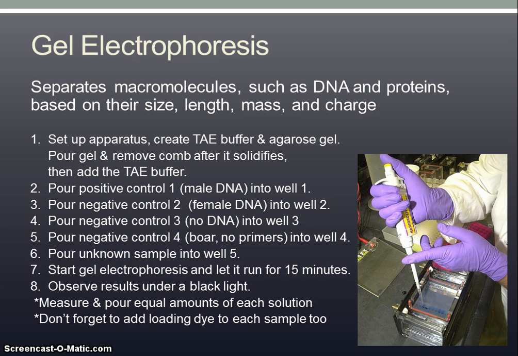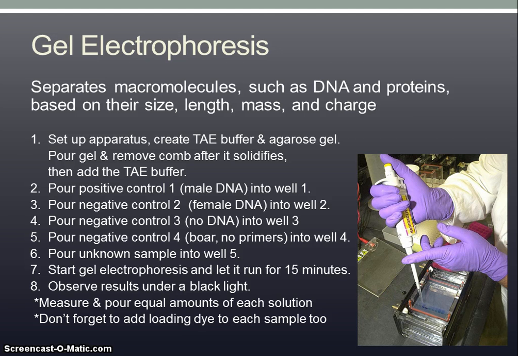And so we're going to take our positive control 1, which is the male DNA of the boar, and we're going to pour that into well 1. Well 2, we will pour our negative control 2, which is female DNA, so the sow. Negative control 3, which contains no DNA, is going to be poured into well 3.